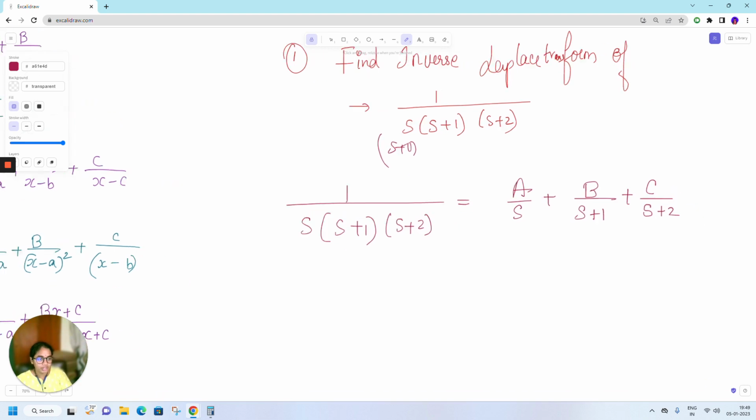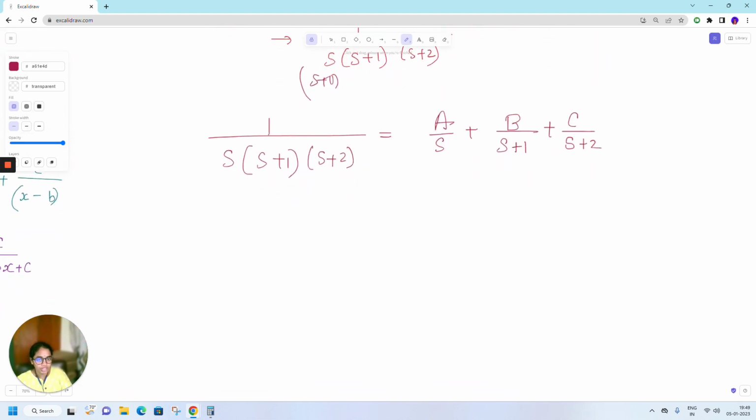Okay, now what should I do? I should take LCM in the RHS. What would that be? s into s plus 1 into s plus 2.